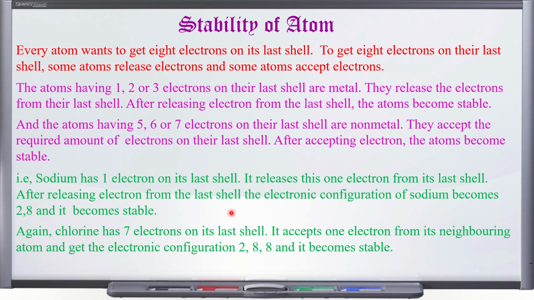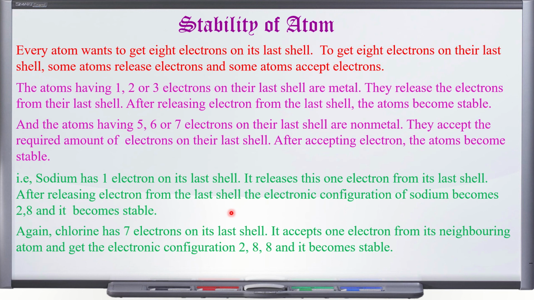Now, dear students, you already have a question, isn't it? I told you that the atoms having 1 to 3 electrons are metal, and the atoms having 5, 6, 7 electrons are non-metal. 8 electrons, you already know, they are inert gas. But what happens to the atoms having 4 electrons?